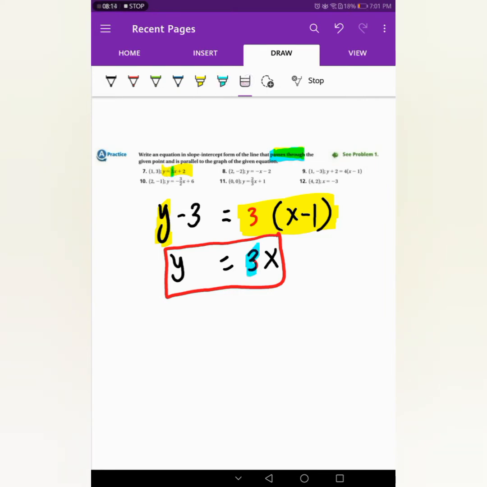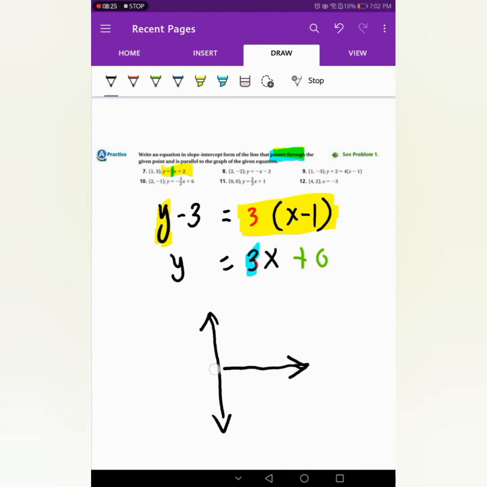In this direct variation equation, the b is 0, so the line will pass through the origin, because the slope is positive. Are you happy? I hope so.